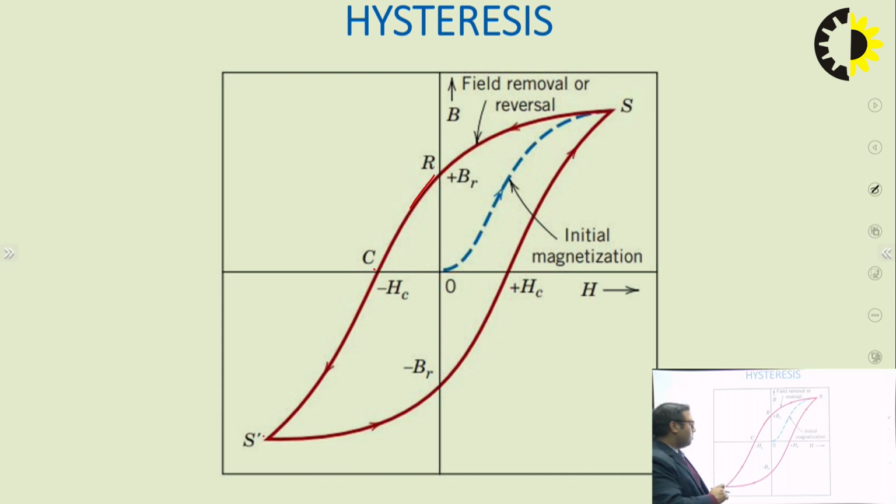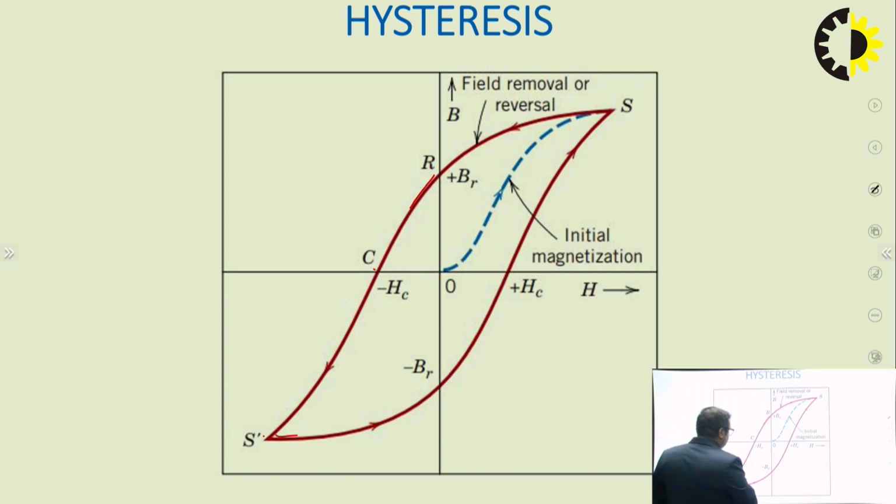Then one time comes when, in spite of increasing the external magnetic field in the negative direction, the magnetization in the material is not increasing in the negative direction. Then again you start to increase the external magnetic field in the positive direction.